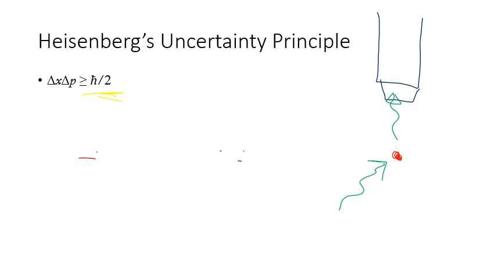And what Heisenberg said is, of course, if we hit our fundamental particle with our photon, because our photon has a momentum, we talked about Compton scattering before, our fundamental particle is going to recoil after being hit by our photon.